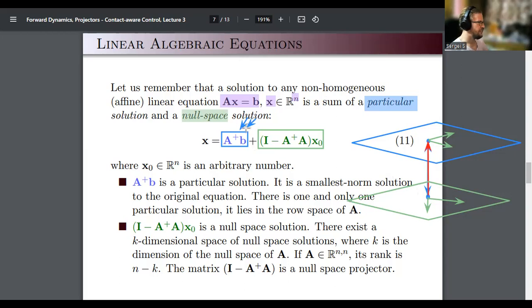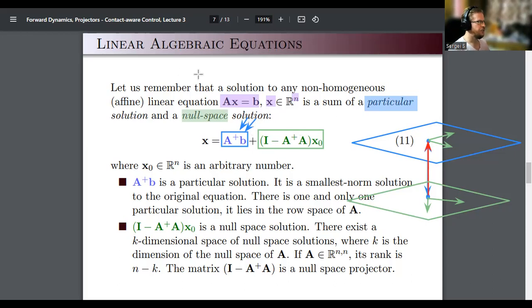Now, the particular solution is obtained by the pseudo-inverse. The pseudo-inverse, by definition, is a procedure of how to find particular solutions. So again, all of it is just definition stuff. The pseudo-inverse is a least squares procedure.